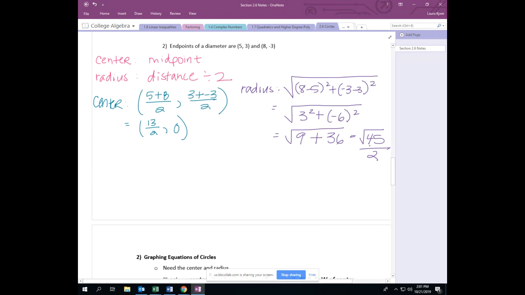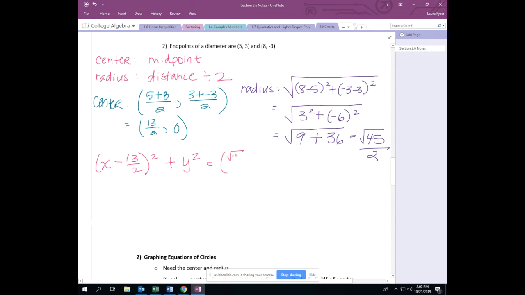Center, radius. Now we're going to put them in. X, opposite sign, is negative 13 halves squared. If one of your coordinates is 0, you don't even have to use the parentheses because you are not required to put y minus 0 squared. You can just put y squared, and the fact that there is nothing next to it indicates that it is a 0.